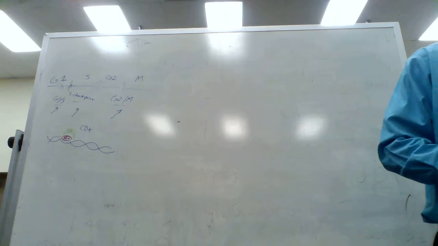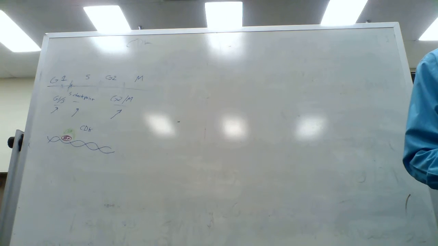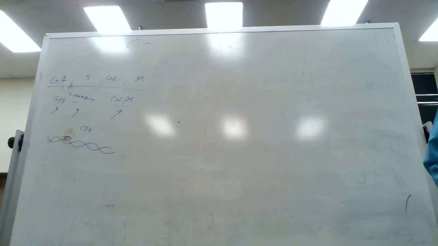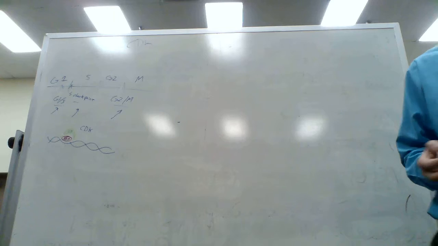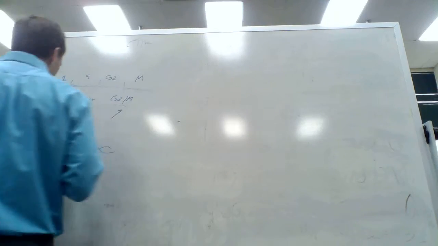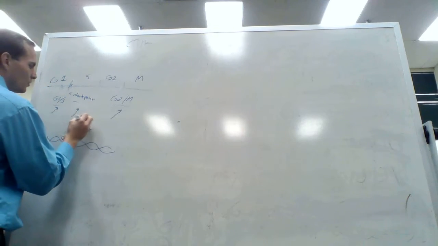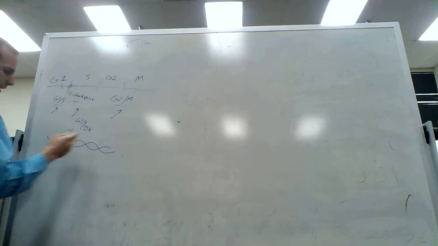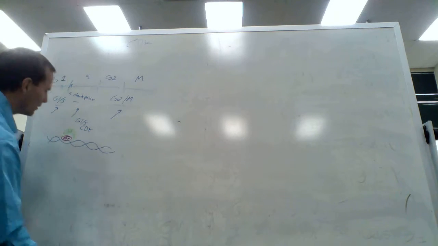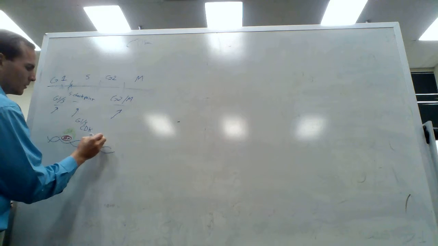So yeah, just G1/S CDK. So G1/S cyclin-dependent kinase comes in and will phosphorylate the ends of the retinoblastoma protein.